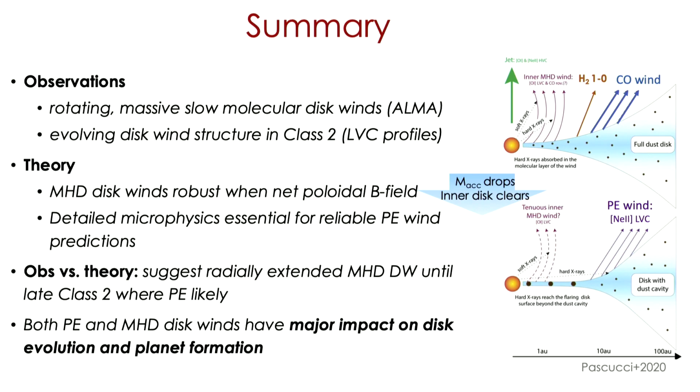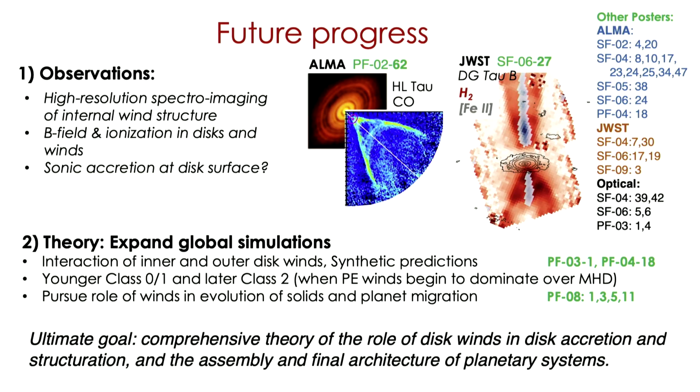And the second point, some part of the emission could be associated with the disk atmosphere rather than the LVC wind. So please have a look at Yuru Cho's poster, PF03, the 04. We are happy to take your criticism later.